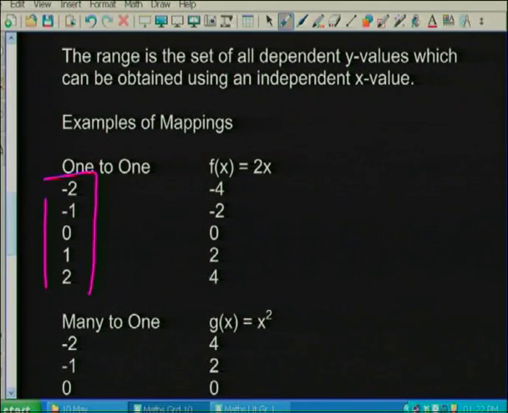I have X values. If I substitute X equal to -2 into the equation f of X equal to 2X, my Y value is -4. -1 substituted into the place of X, -2, and so on. So domain, range, independent and dependent.